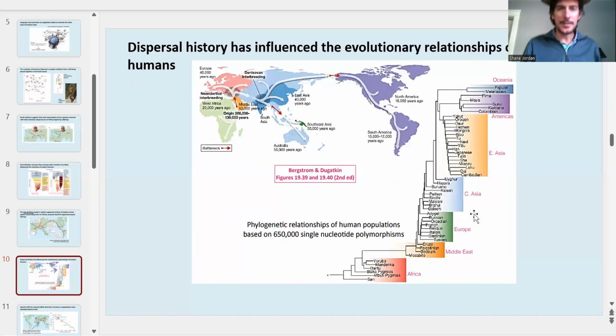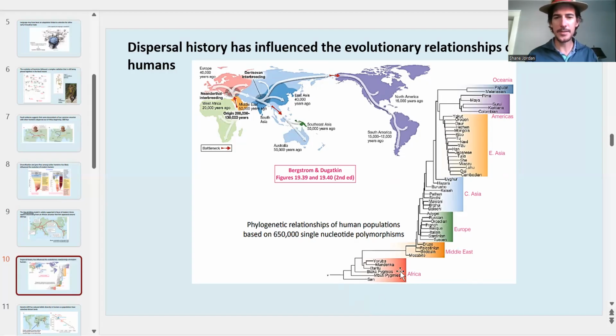We can kind of look at a similar image here, showing again on the top here this sort of time frame over which humans have colonized the entire planet. And again, this shows that it happened fairly rapidly. And then we can look at a phylogenetic analysis kind of showing the relationship between various lineages of humans as this colonization progressed.